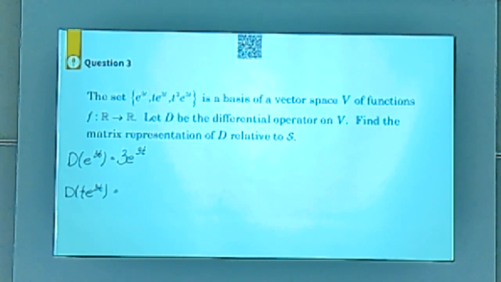Would it be 3t squared and 3t? Well, it's not by parts, that's integration. We're not there. Three t e to the 3t plus e to the 3t. Yes. What rule is that?